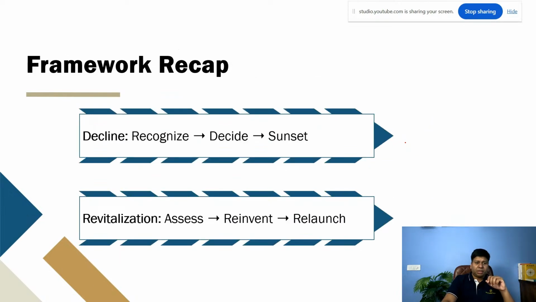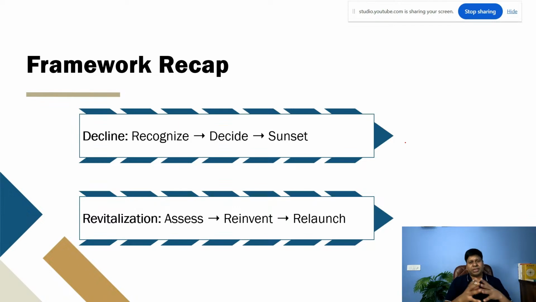So just recapping this framework, basically decline is something to recognize, decide and sunset. And revitalization is to assess the situation whenever we are at the declining phase, reinvent and relaunch. Reinvent, as I mentioned, may be experience, a support system, adding a new feature, a new product line, or a supporting product line.